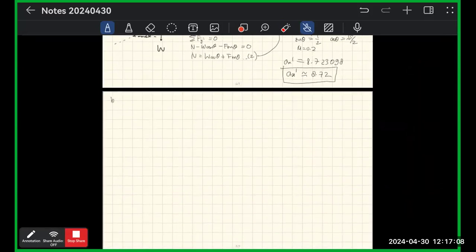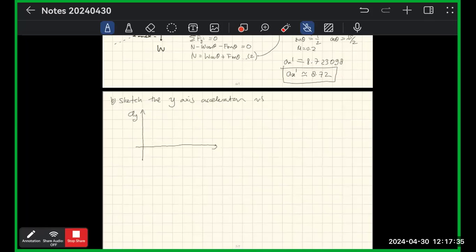The next question is just sketch the y-axis acceleration. So this is ay, the y acceleration versus time.